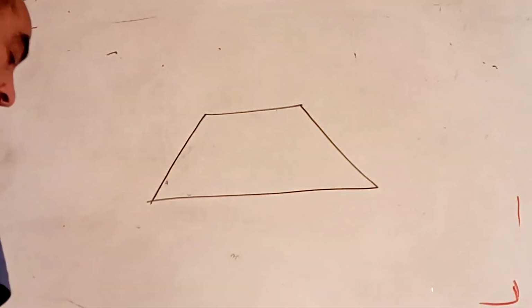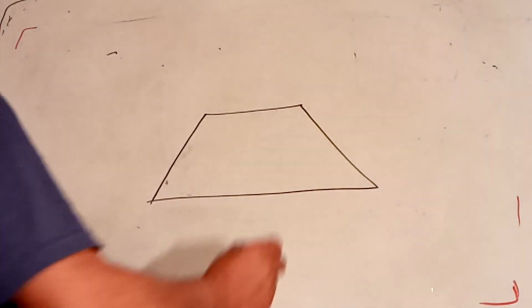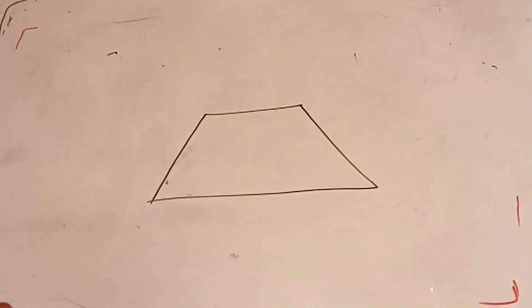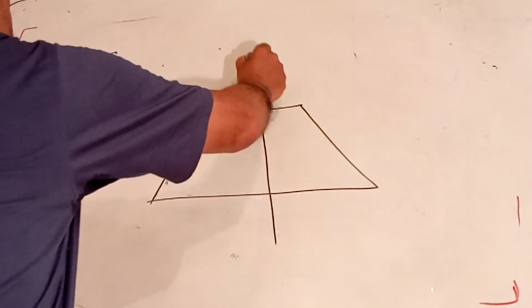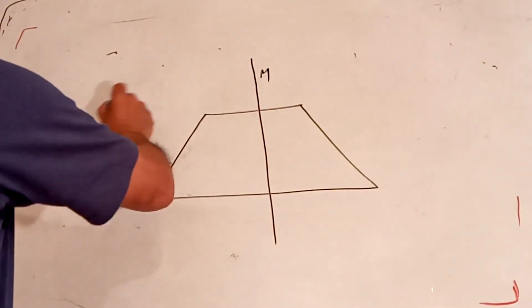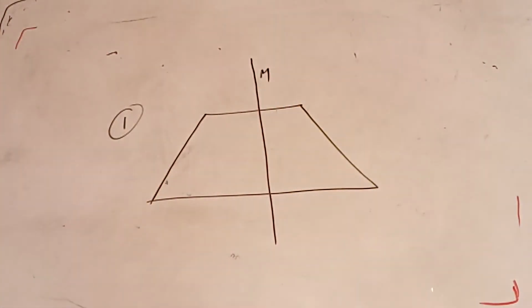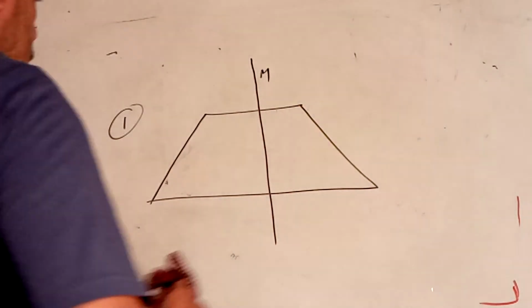How many lines of symmetry does it have? This horizontal will not fit. It will not be symmetry. It has only one. This one here. So this is a mirror. It has only one line of symmetry. This is about question number 1. Let's go to question number 2.